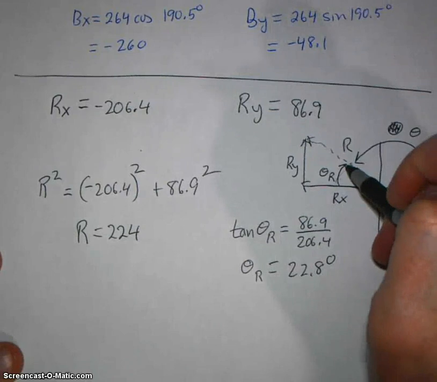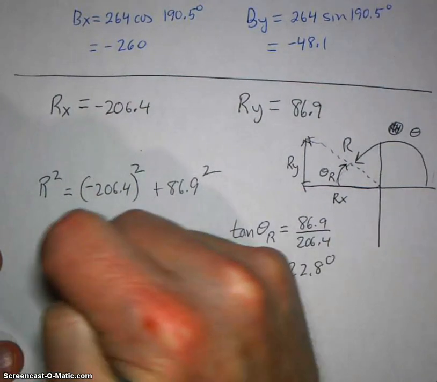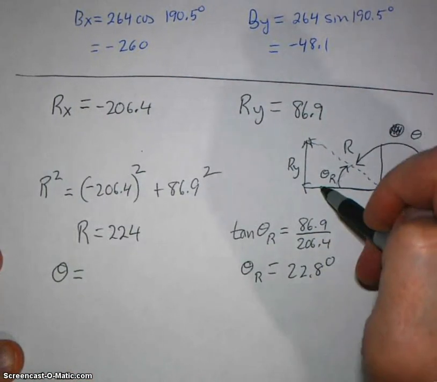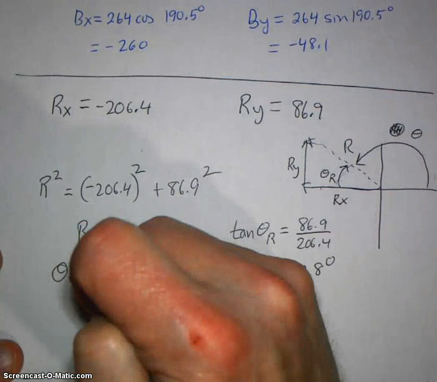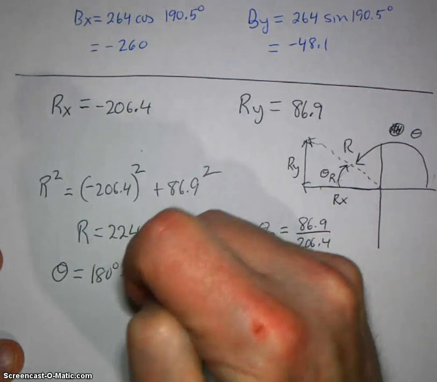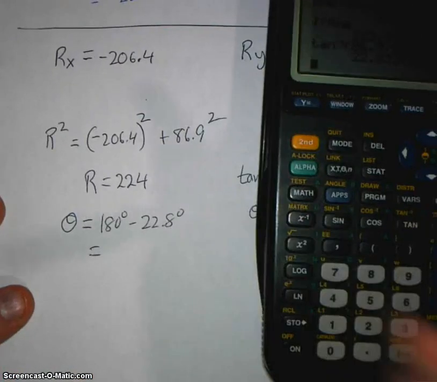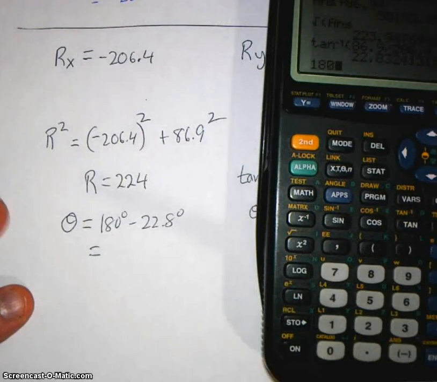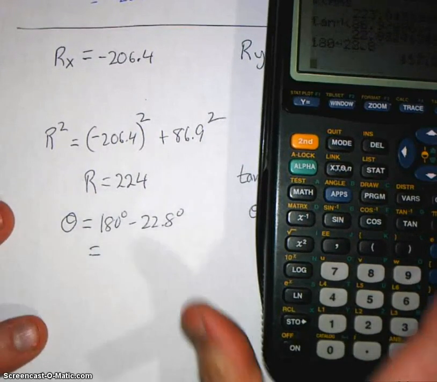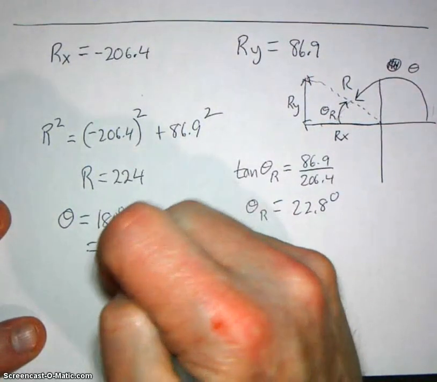We want that answer. So our final answer, theta, is halfway around, 180 degrees minus our reference angle. 180 minus 22.8 is 157.2 degrees.